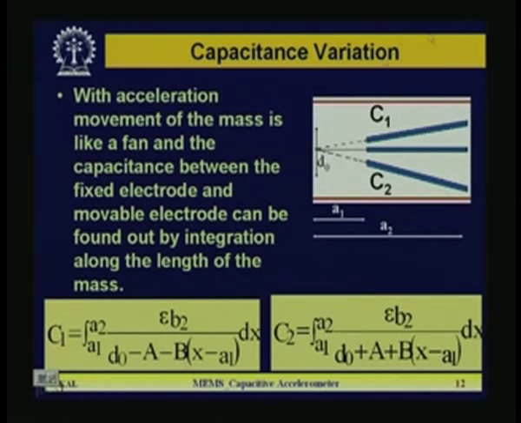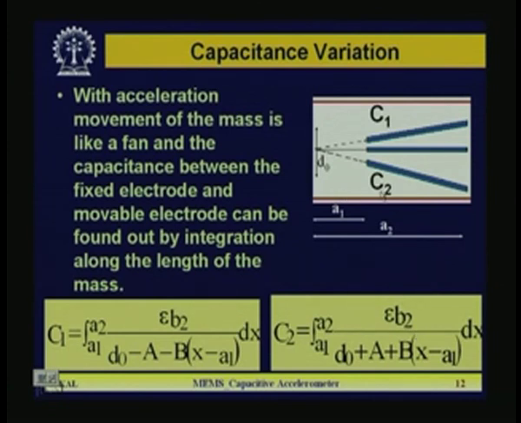That's why the capacitance is calculated by integrating from A1 to A2, where A1 is this distance and A2 is from this point to this distance. So from A1 to A2, if you integrate this relation, that will be the average value of the capacitance C1. Similarly, C2 is also integrated from A1 to A2, and it is given by this expression.